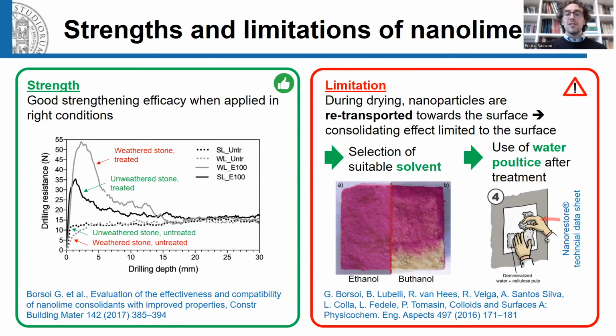To prevent these problems, several strategies have been proposed, such as the use of more suitable solvents and the application of a water poultice after applying the nanolimes, again with the aim of preventing the nanoparticles' retransportation towards the surface.